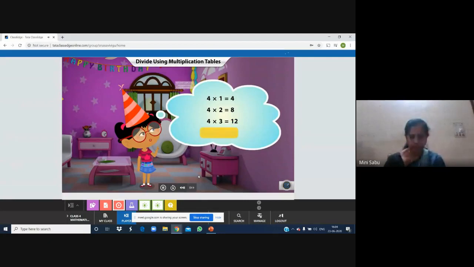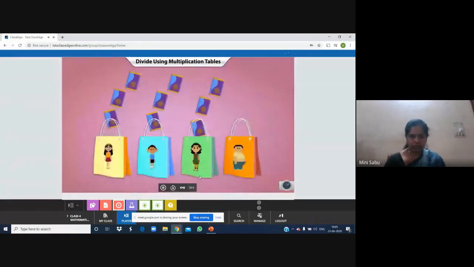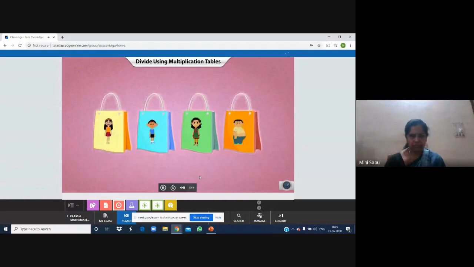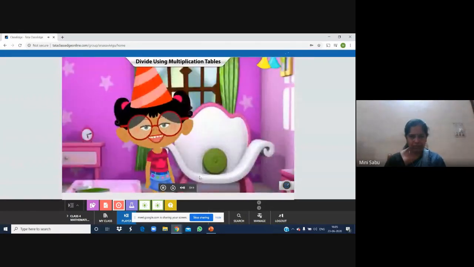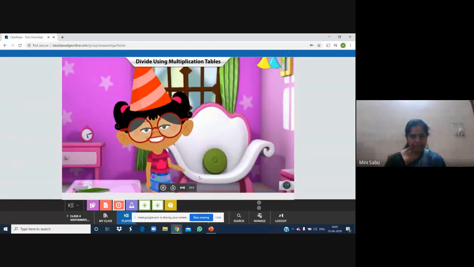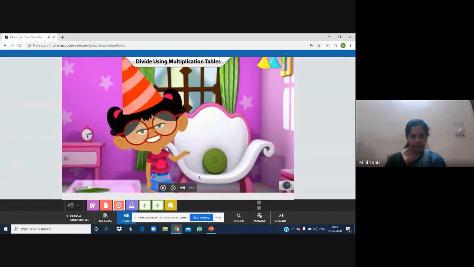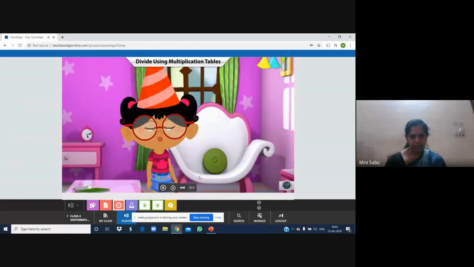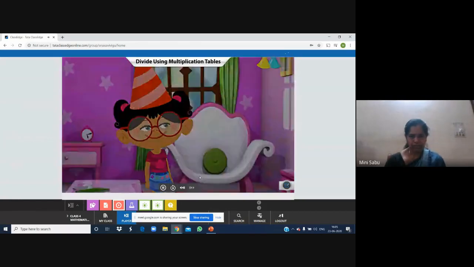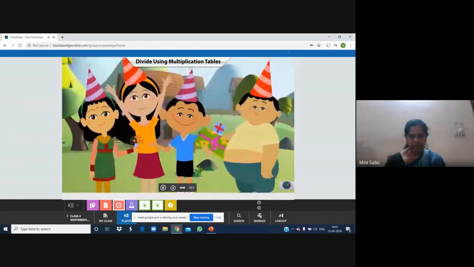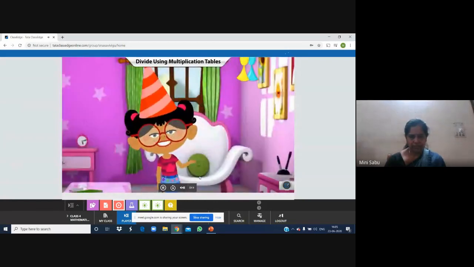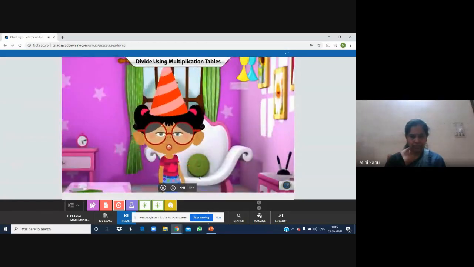So, I will be able to divide the chocolates equally if I put 3 in each bag. So, as you just saw, we can use multiplication tables to solve division problems. Oh, I need to answer the door. Happy birthday, Gia! Hey, come on in. Let's have a nice day.